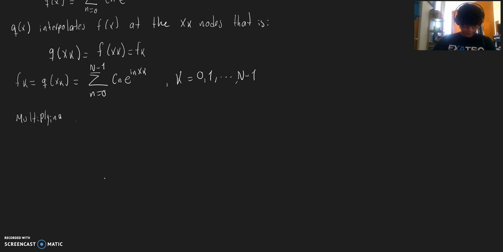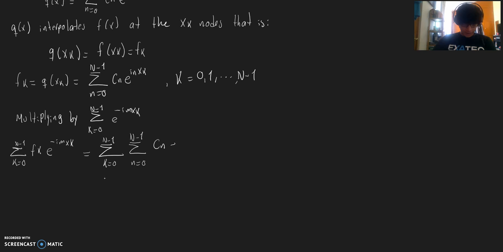Multiplying by the summatory from k equals 0 to n minus 1 of e to the I mxk, we get that the summatory from k equals 0 to n minus 1 of fk e minus I mxk is equal to the summatory from k equals 0 to n minus 1 multiplying by the summatory from n equals 0 to n minus 1 of cn e to the I n minus m x of k, that is equal to the summatory from n equals 0 to n minus 1 of the coefficients cn by the summatory from k equals 0 to n minus 1 of e to the I n minus m 2 pi k over n.